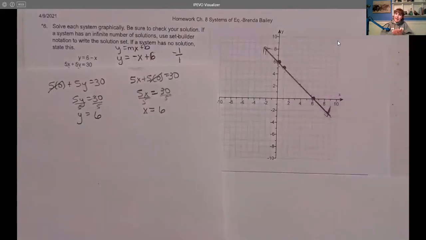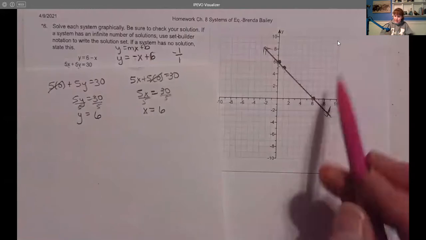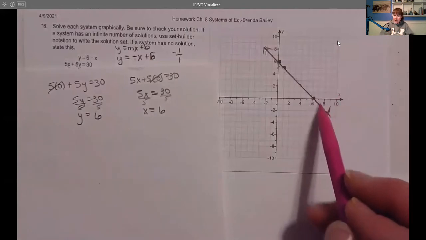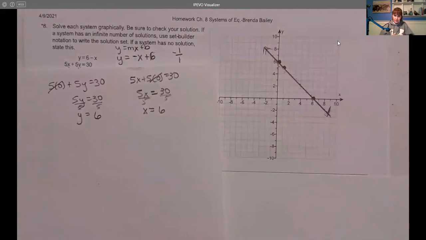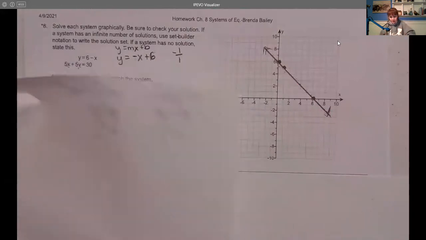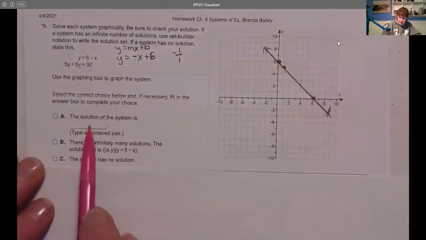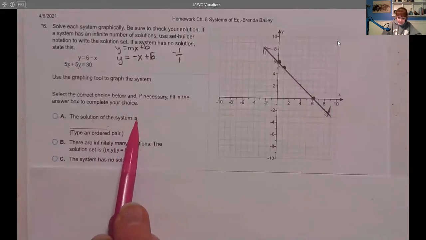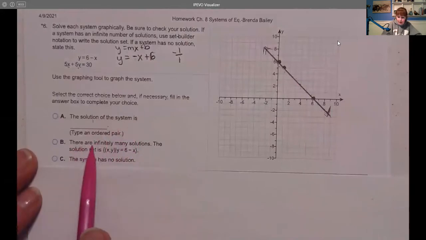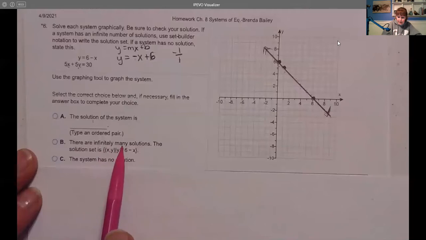So this is the same line, which means that you have an infinite number of solutions. So let's look at our choices. The solution of the system is one of them. No. There are infinitely many solutions.